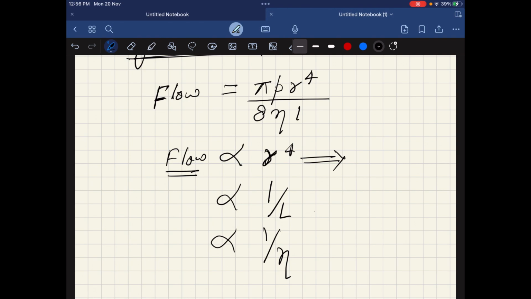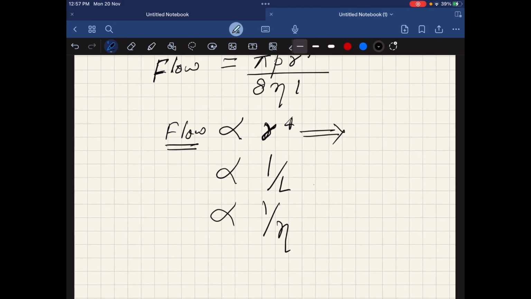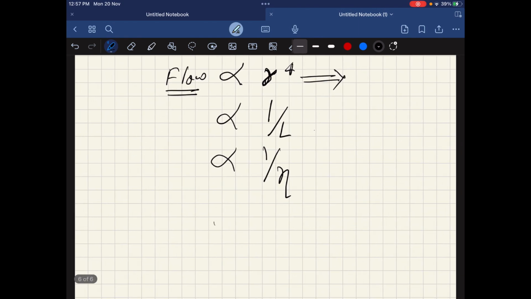So this question can be asked by asking like which one is better, which tube you will prefer or which cannula you will prefer to deliver the fluid, and you will say the cannula should be wider and should be smaller in the length.